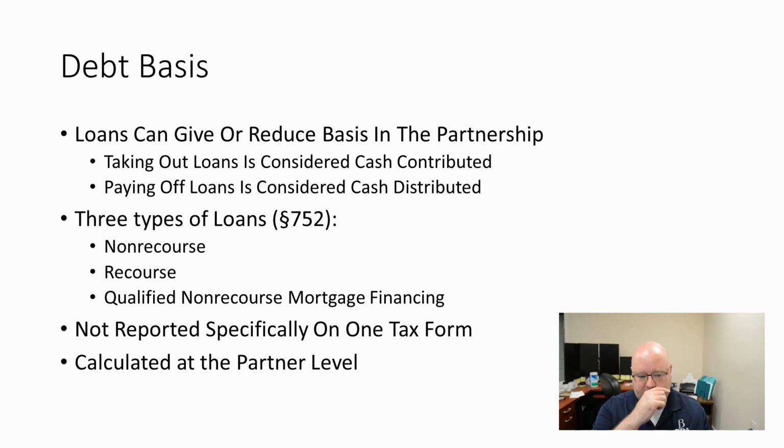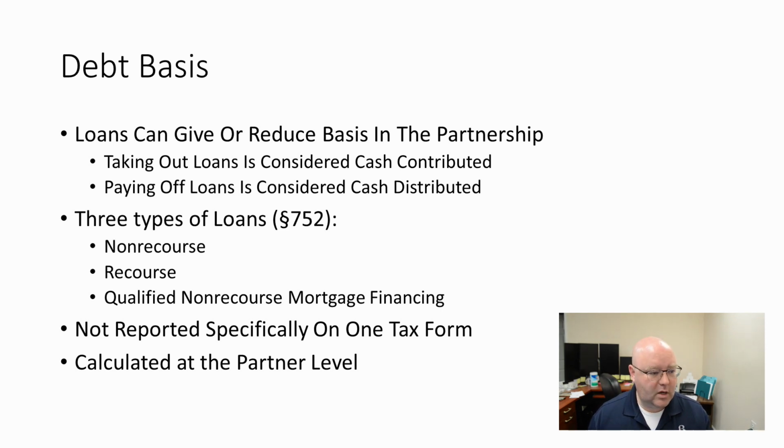I would be happy to talk about that in another video where we talk about debt basis and S corps. But in partnerships, all of the loans of the partnership, regardless of whether they're secured, unsecured, guaranteed by a partner, or unguaranteed by a partner, as long as the partnership itself is responsible for that loan in some way, shape, or form, you get debt basis as a result of that.